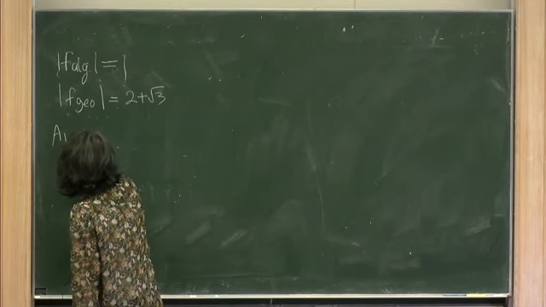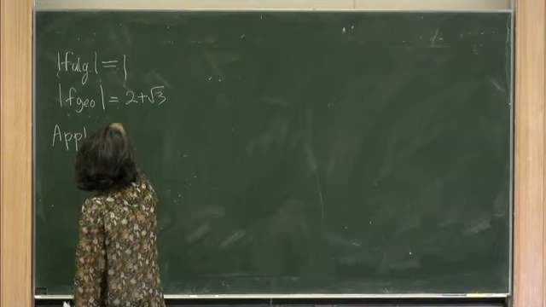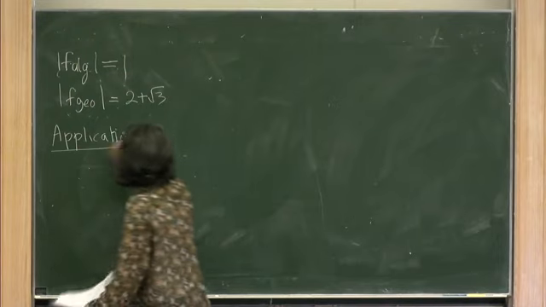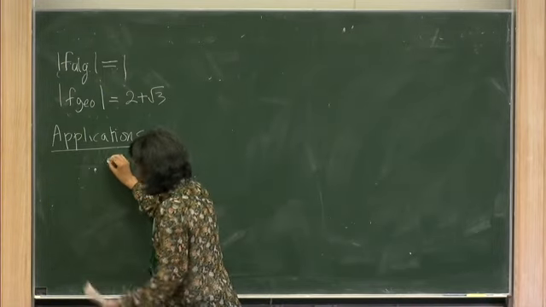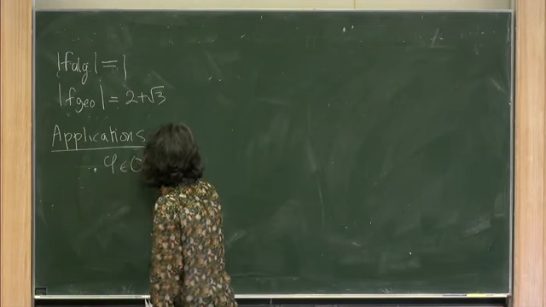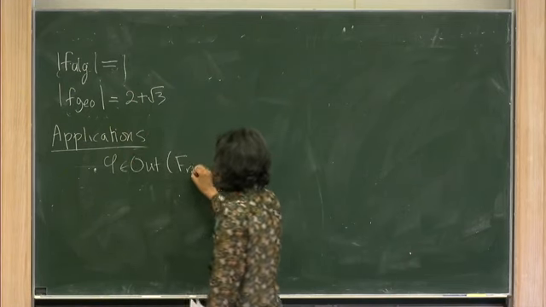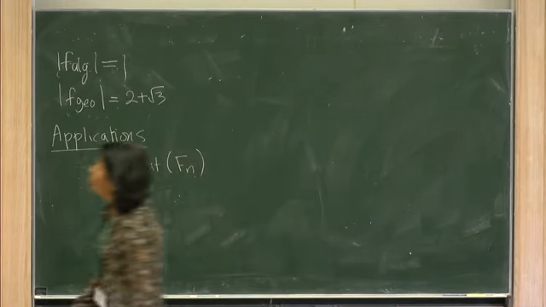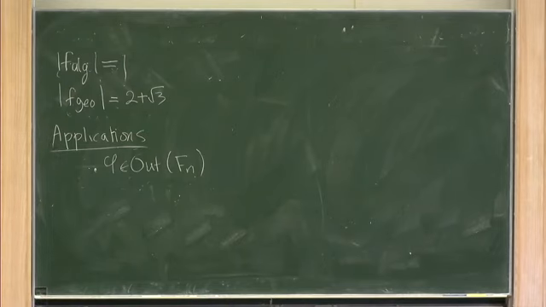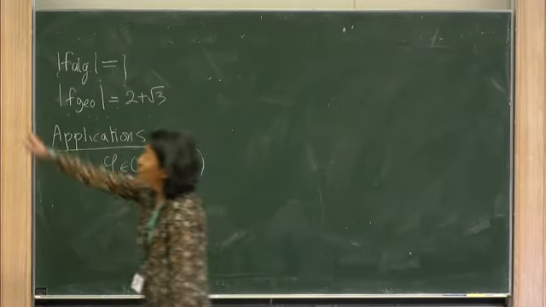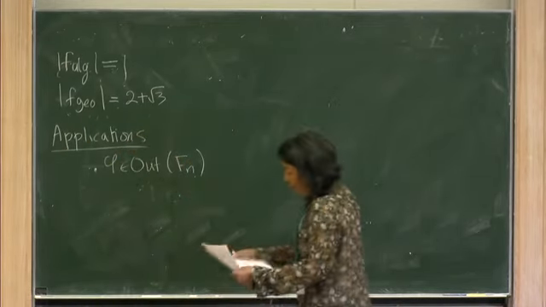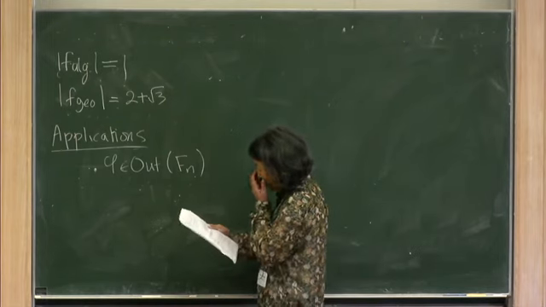Okay, so for applications to Out(F_n) and mapping class groups, if phi is in Out(F_n), and you might notice, for those of you who study these things, I didn't really specify what kind of graph map this is. These are not necessarily train tracks, which I'll explain later.